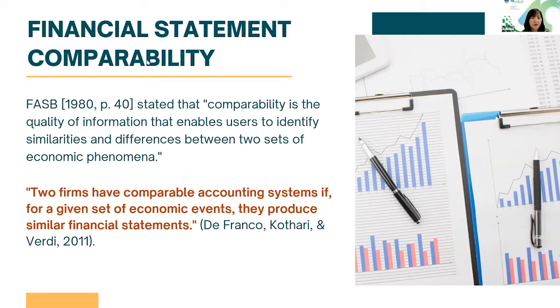Two firms have comparable accounting systems if for a given set of economic events, they produce similar financial statements. This attribute of comparability is particularly important from comparable peers when assessing a firm's performance because it allows investors to obtain value-relevant information without relying solely on the information provided by the firm's own information.